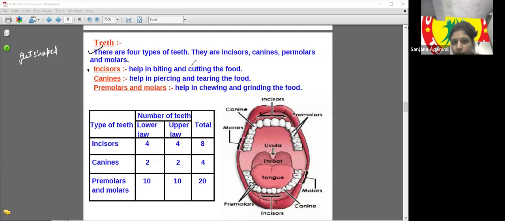Next, write down that they are used in biting and cutting the food. They erupt in babies around 6 or 7 months; this is just for your knowledge. First point is flat shape, second point is they help in biting and cutting.